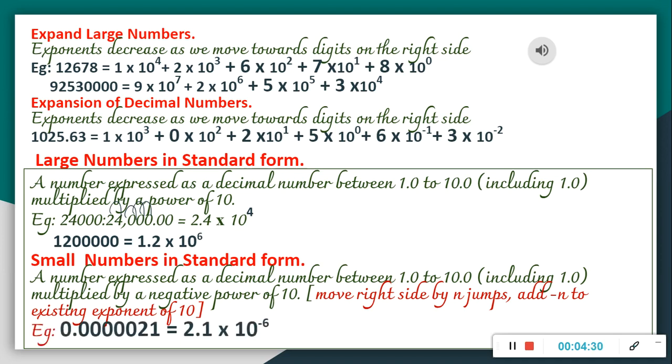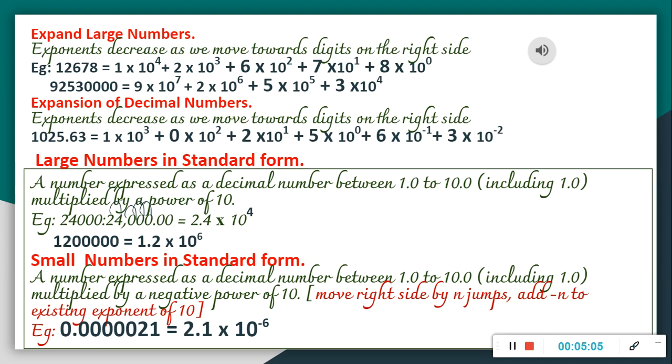Let's suppose you have 0.000002, meaning 5 zeros are there, then 2. How do you write this? See, the decimal point is at the start, isn't it? How many jumps do you need to make so that you form a number which lies between 1 and 10? Obviously, the decimal point should be after 2, so that it becomes 2.1, then multiplied by a negative power of 10.